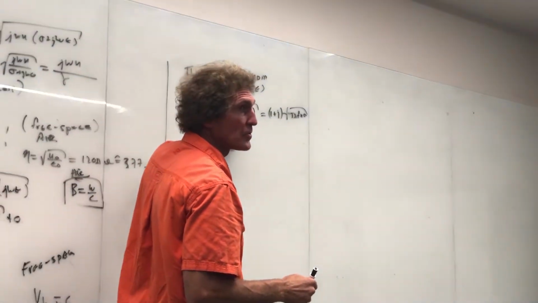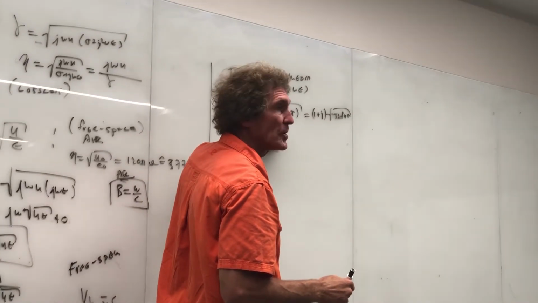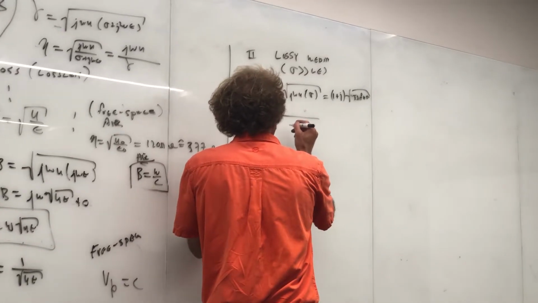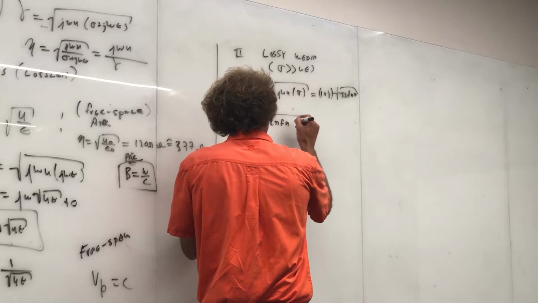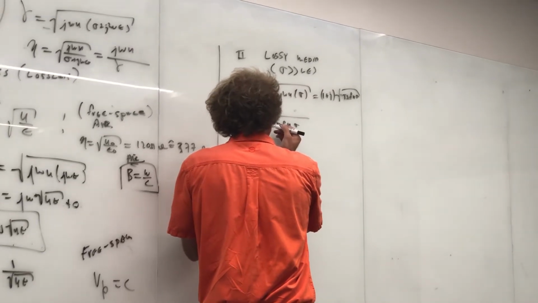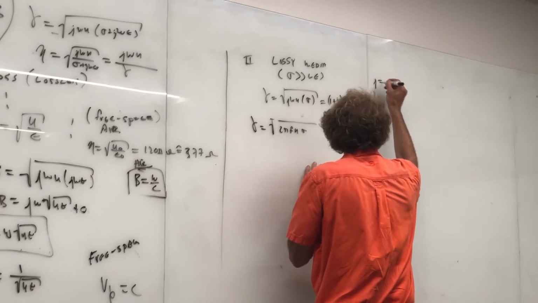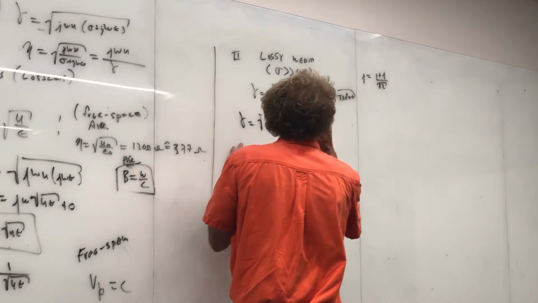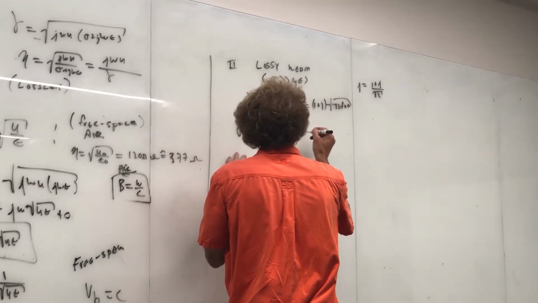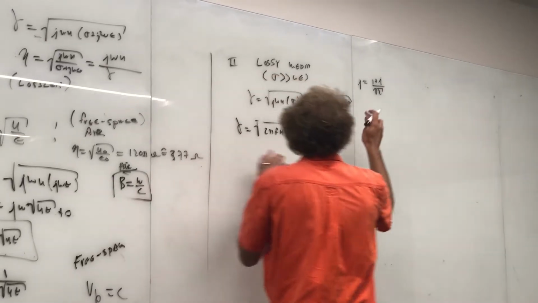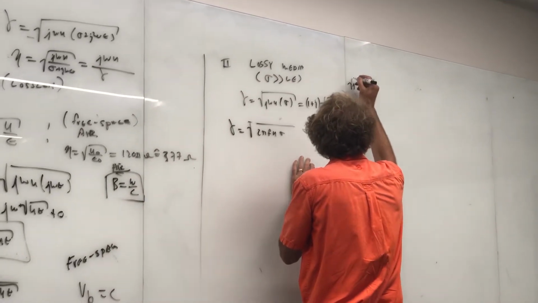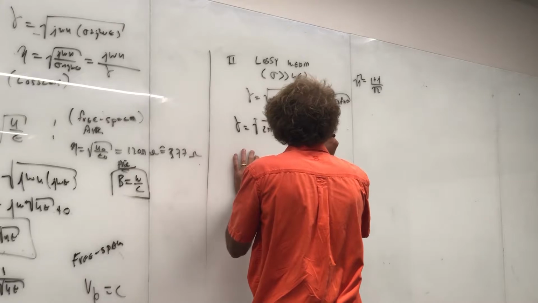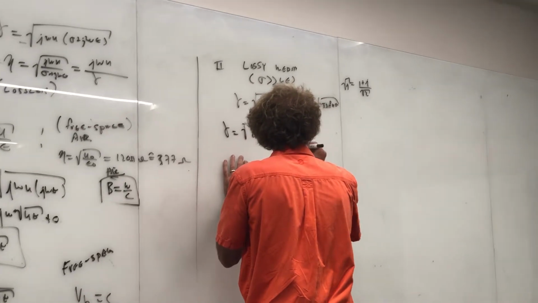And I replace omega with 2 pi f. Here's what really happens. I did this before. I get the square root of 2 pi f mu sigma. Now, remember, the square root of j is rendered as 1 plus j over the square root of 2. When I put that outside here, I have 1 plus j divided by the square root of 2.